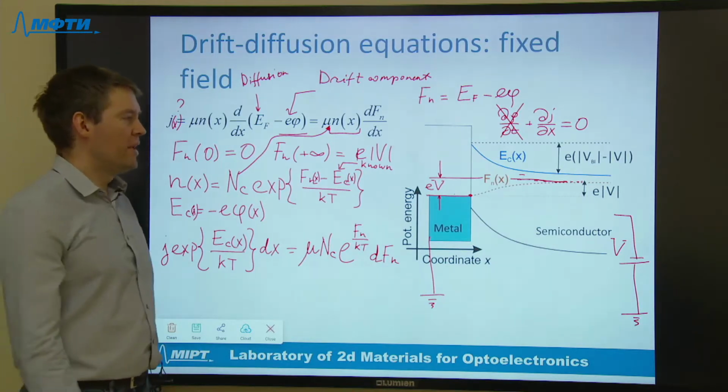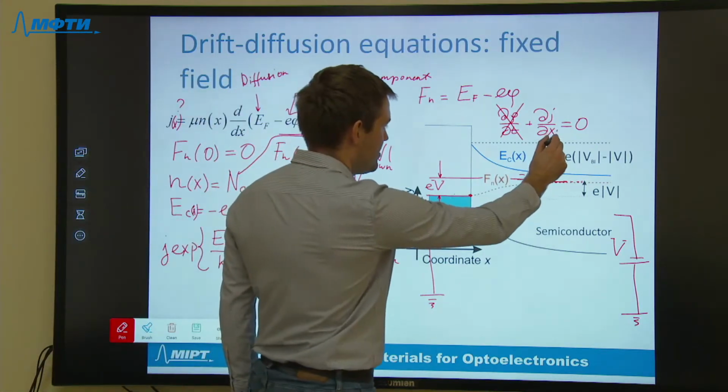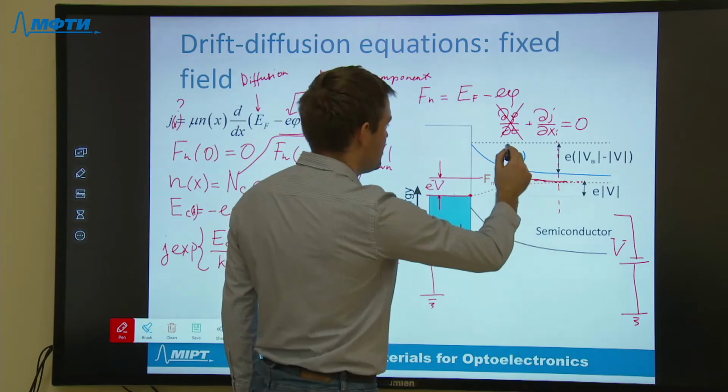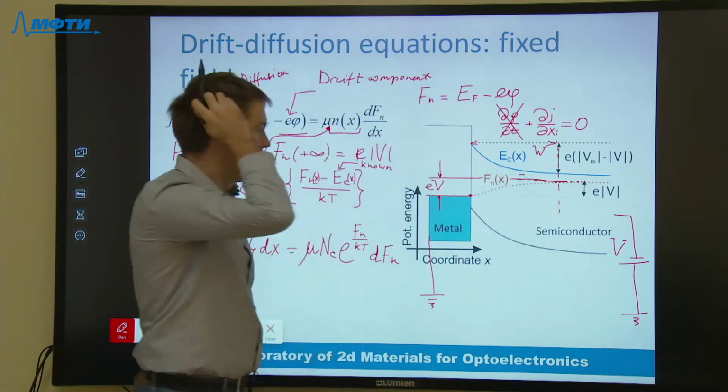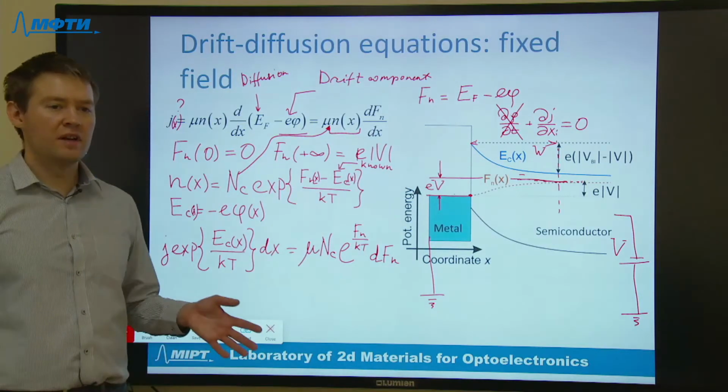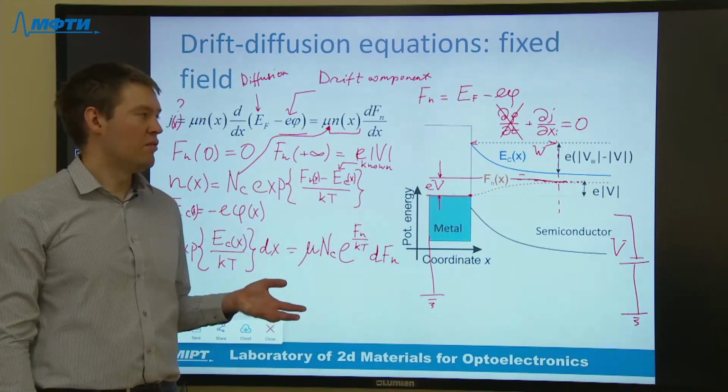If we operate in the full depletion approximation, then we don't have to integrate to infinity, we integrate just till the depletion width, which is the only part of interest for our junction.